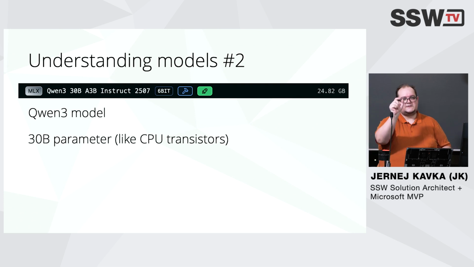It's not just the neurons, it's also the connections between neurons. It's very similar to how we talk about CPUs. We say it has this many billion transistors, but imagine that we also say how many wires outside of transistors also go. That's roughly what these billion parameters mean.